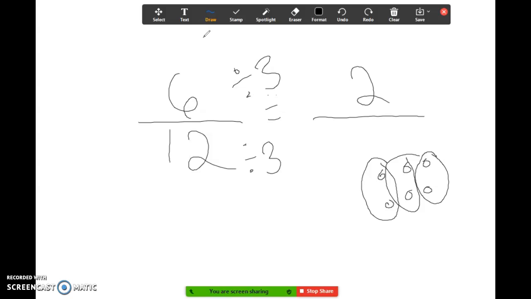Now, if I multiply 3 times 2, what's my total? 1, 2, 3, 4, 5, 6. That's how area is kind of figured out too. Okay. All right. Now, what would 12 divided by 3 be? 12 divided by 3 would be.